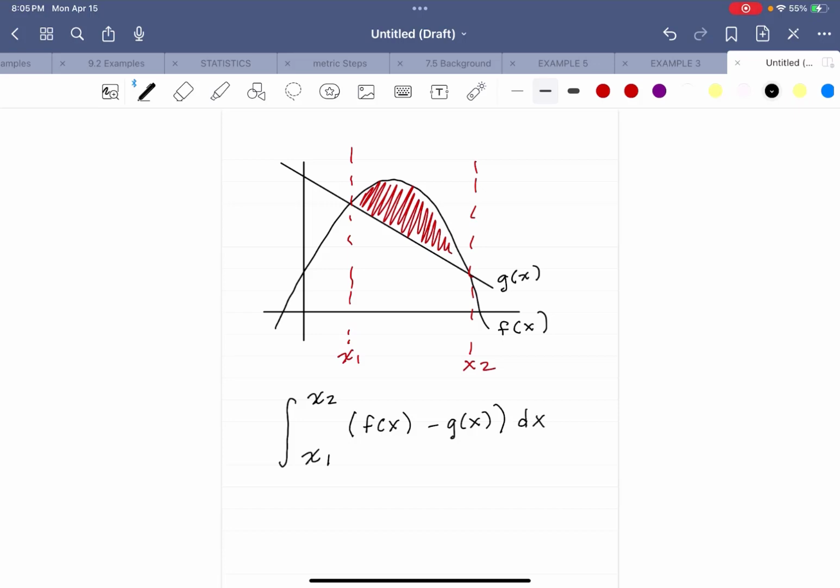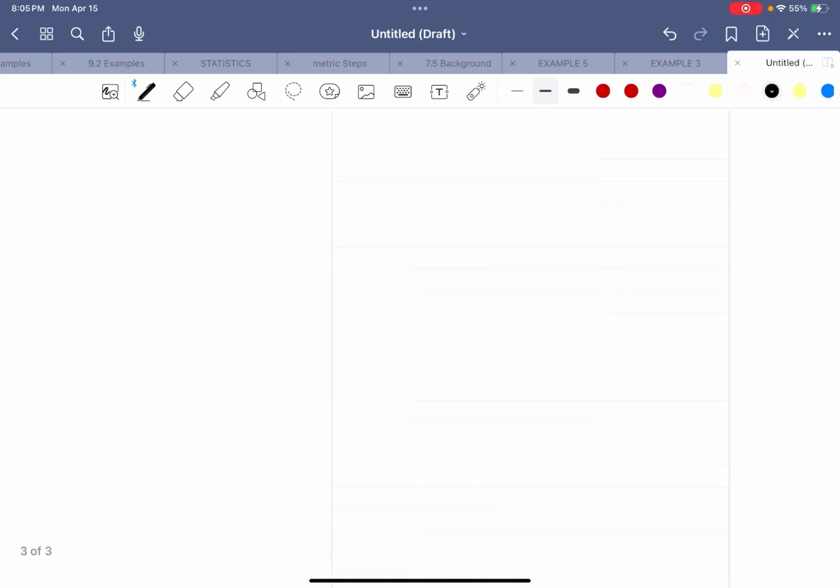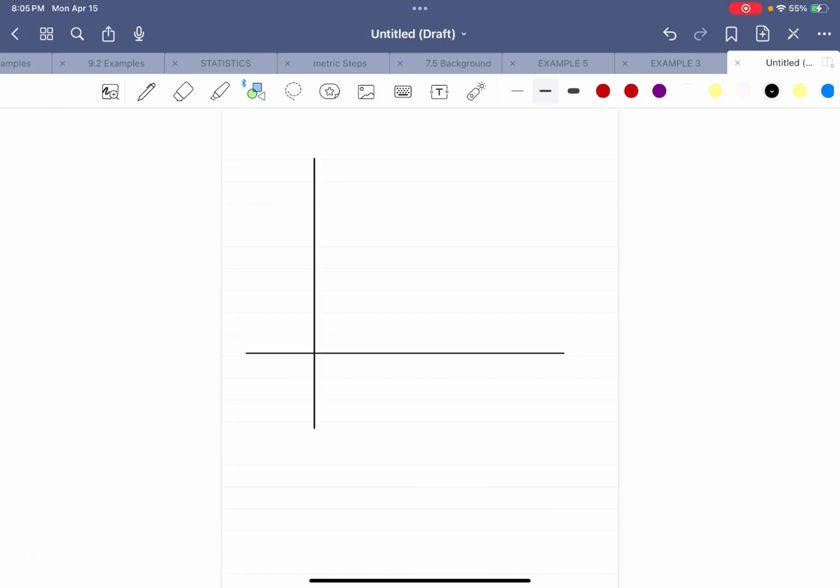Now, sometimes you might have to do it in two pieces. So let's say I have this. Let's do a similar kind of thing. Let's do a parabola and a line. Okay.